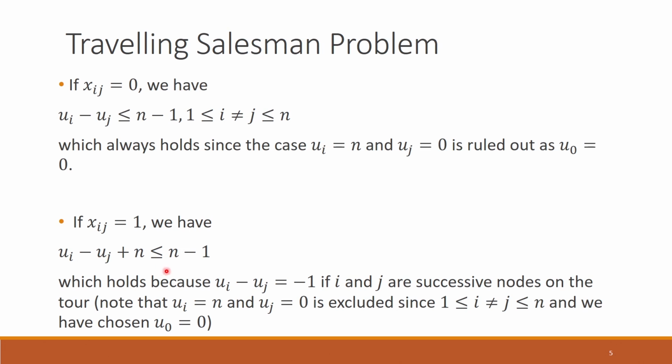Okay. So, this condition that minus 1 plus n is less than or equal to n minus 1 will always be satisfied. So, therefore, in this way we have argued that if someone gives you a tour of the travelling salesman problem, then there will be a set of variables u's and xij's for which this set of constraints will be satisfied. So, in that way we are not excluding any tour in this set of feasible region.